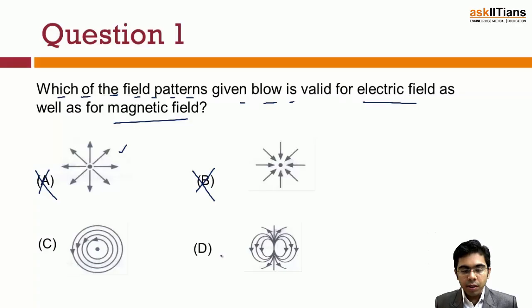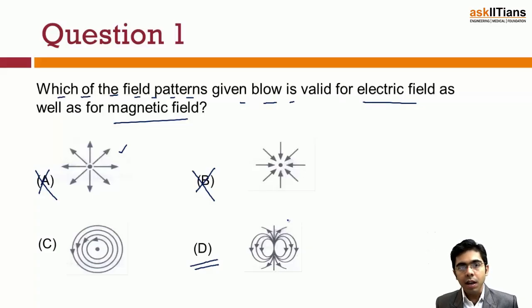But what do we see if we check out option C and option D? Let's look at option D. We have seen that for the electric field, when you have the electric dipole, the field goes from positive to negative, that means it goes in a curved path.